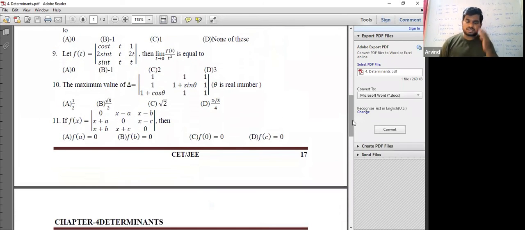f of t is equal to, this is very simple. You find the determinant quickly. Limit of f of t by t square as t tends to 0. It can be found easily.